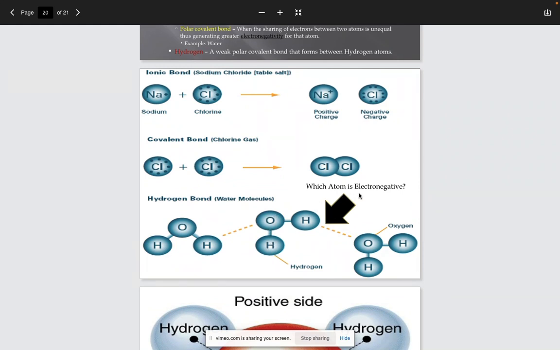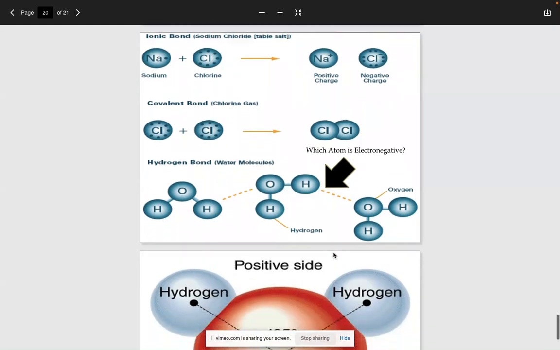So which atom is electronegative? Does anybody know? It's the oxygen. The oxygen is the electronegative atom, right? Because it's that oxygen molecule which is creating that electronegativity.